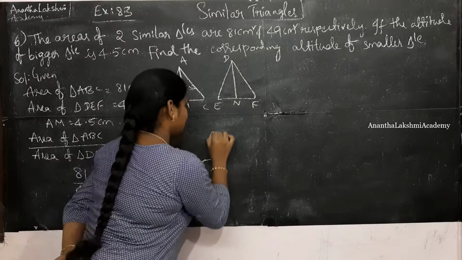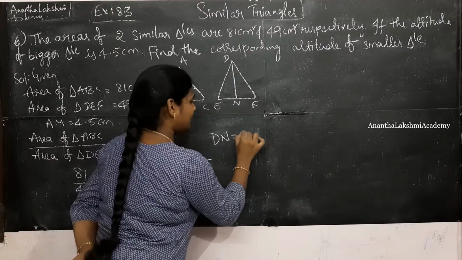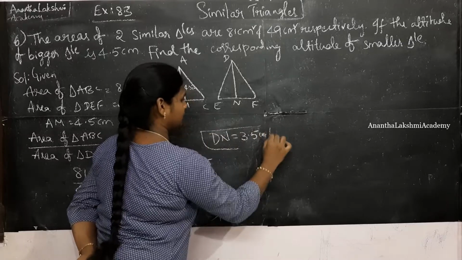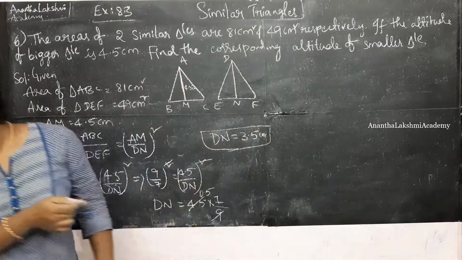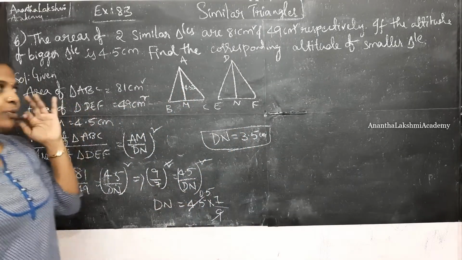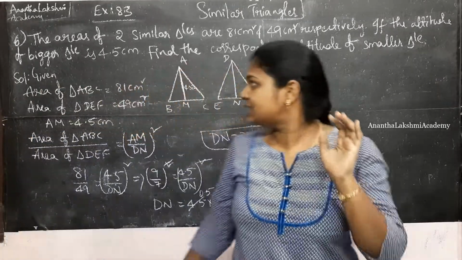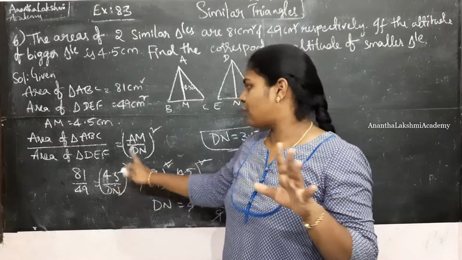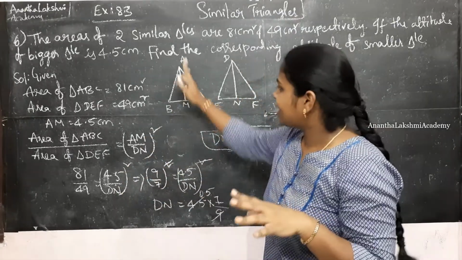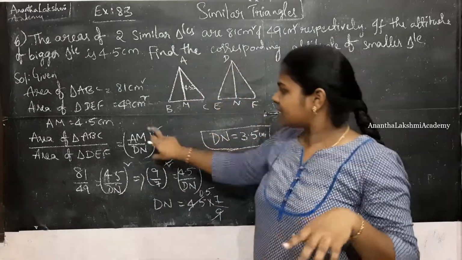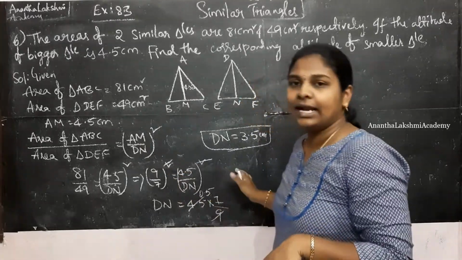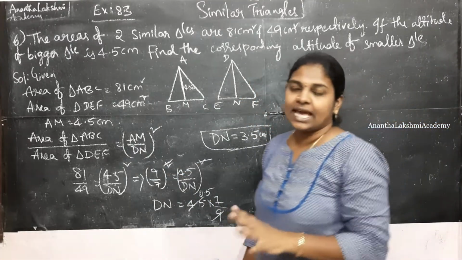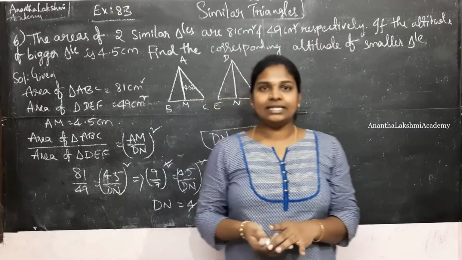So DN becomes 0.5 into 7, which is 3.5 centimeters. Okay, DN is equal to 3.5 centimeters. So what did we do? We just applied the area of triangle ABC by area of triangle DEF formula, and we wrote it as the side square, which are nothing but the altitudes AM by DN whole square, and got the result. Okay, that is about exercise 8.3 of similar triangles.